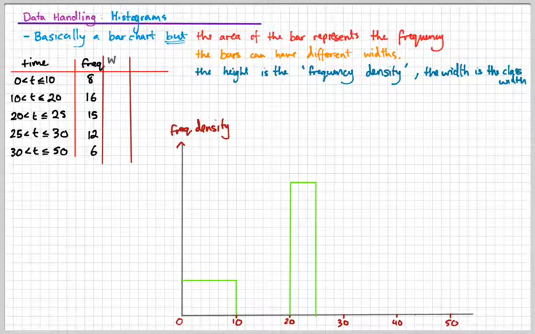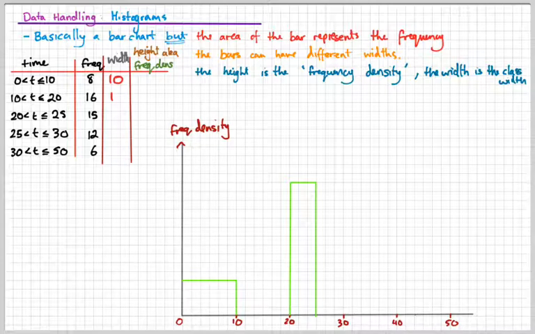With the rectangles, we know that the area is the frequency, and we're going to want to find the widths and the heights. The height is known as the frequency density. That's why, if you look at the y-axis on the diagram, the y-axis is the frequency density, because that is the heights of the bars.